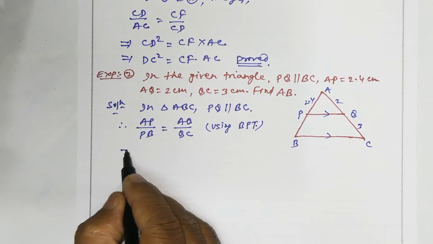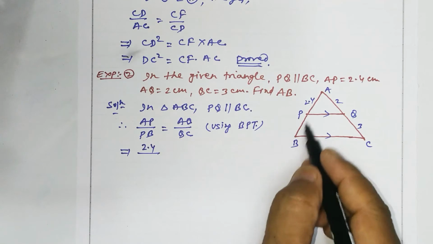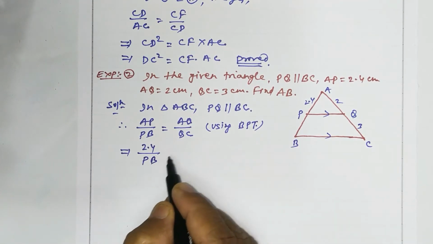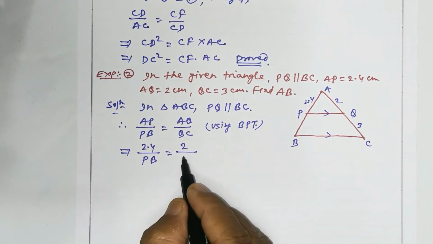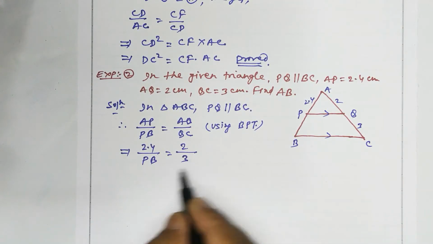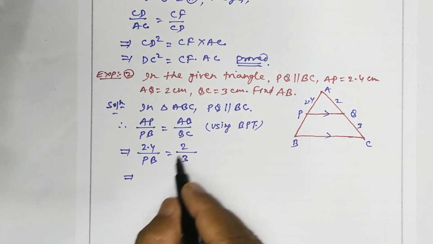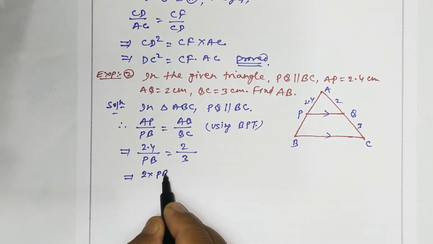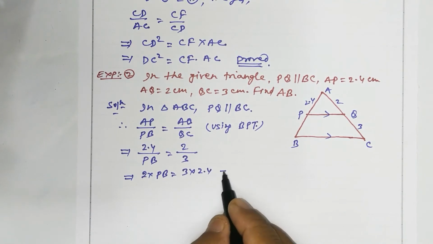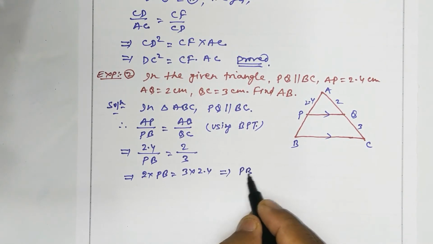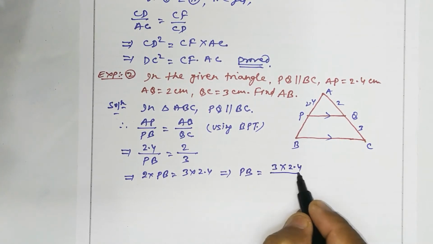Now put the values. AP is given as 2.4 divided by PB, which we don't know, equal to AQ is 2 and QC is 3 centimeter. If you simplify, you will find that 2 times PB equals 3 into 2.4, so PB equals 3 into 2.4 divided by 2.